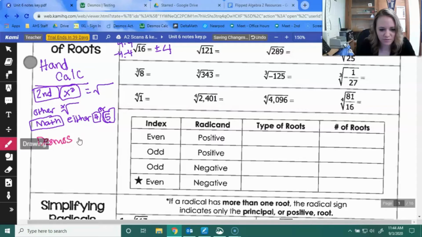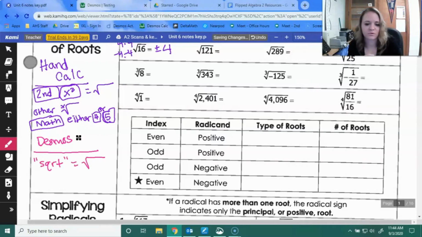Or Desmos, I'll just put the one: you can enter in SQRT. And that can bring up your square root symbol. Okay.